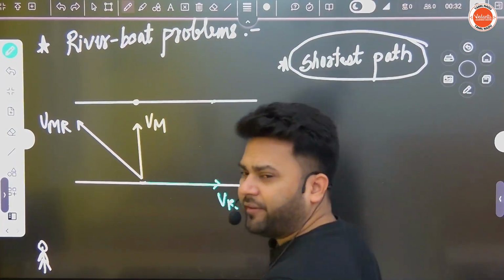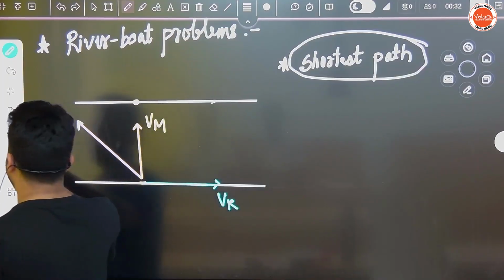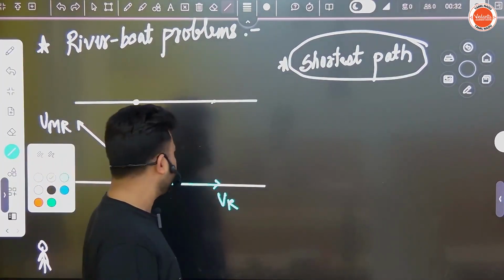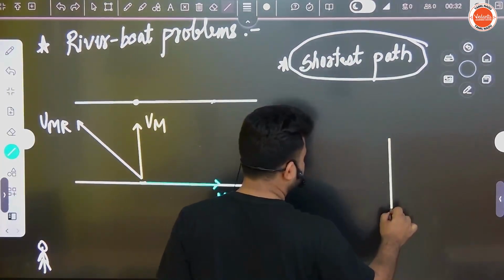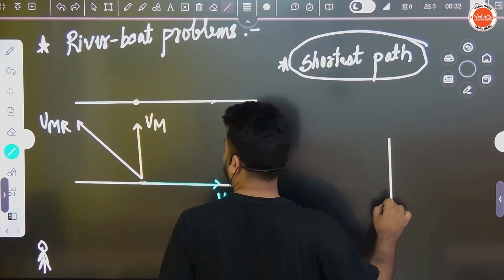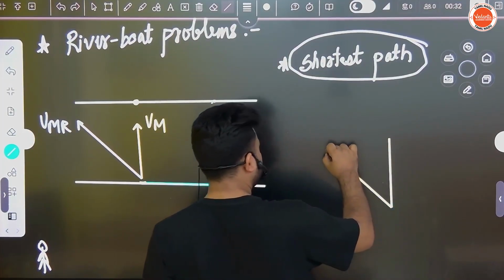Now this figure you just have to remember. What you have to remember? Rest all questions you will be able to solve. This you have to remember: this is the velocity of man and this is VMR.